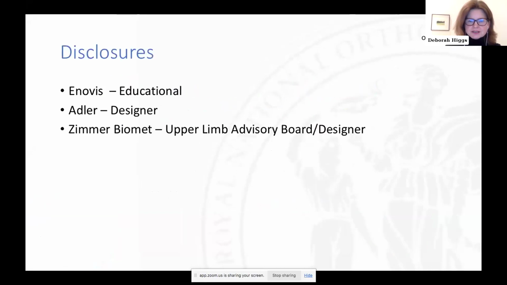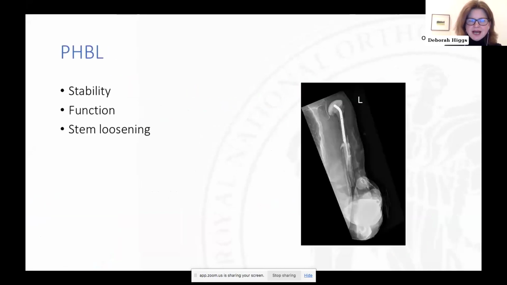These are my disclosures. As has already been said in the previous talks, when it comes to managing proximal humeral bone loss, when you've got a clinical situation like this as in the X-ray, it's not just the bone loss that challenges, it's the absence of the soft tissue points of attachment, affecting your ability to reattach the rotator cuff.